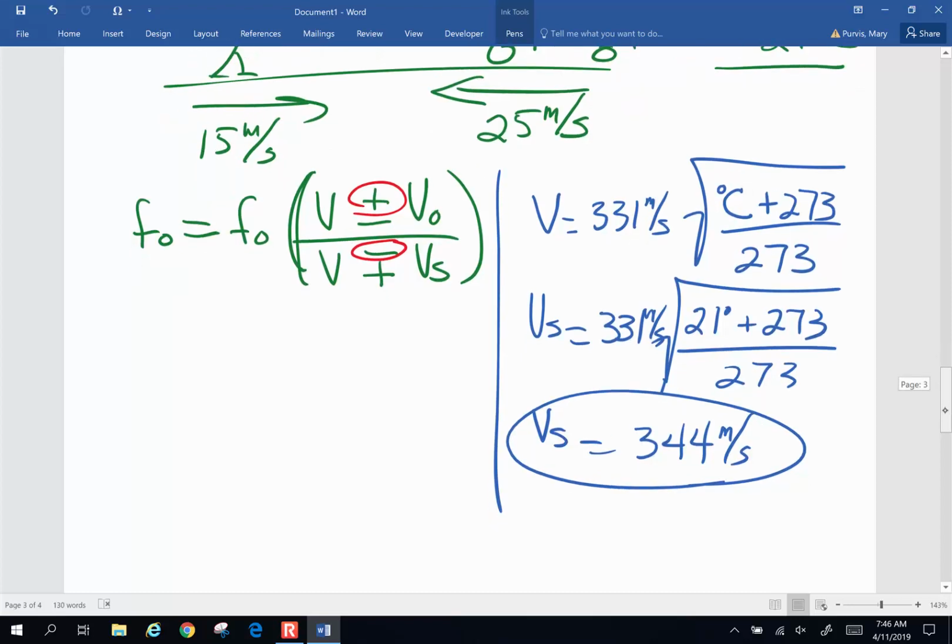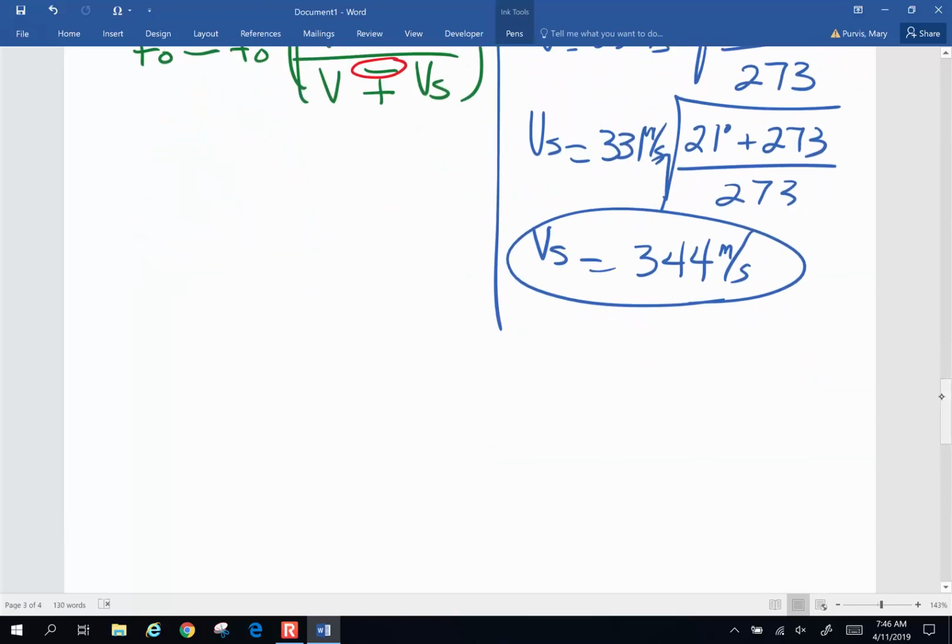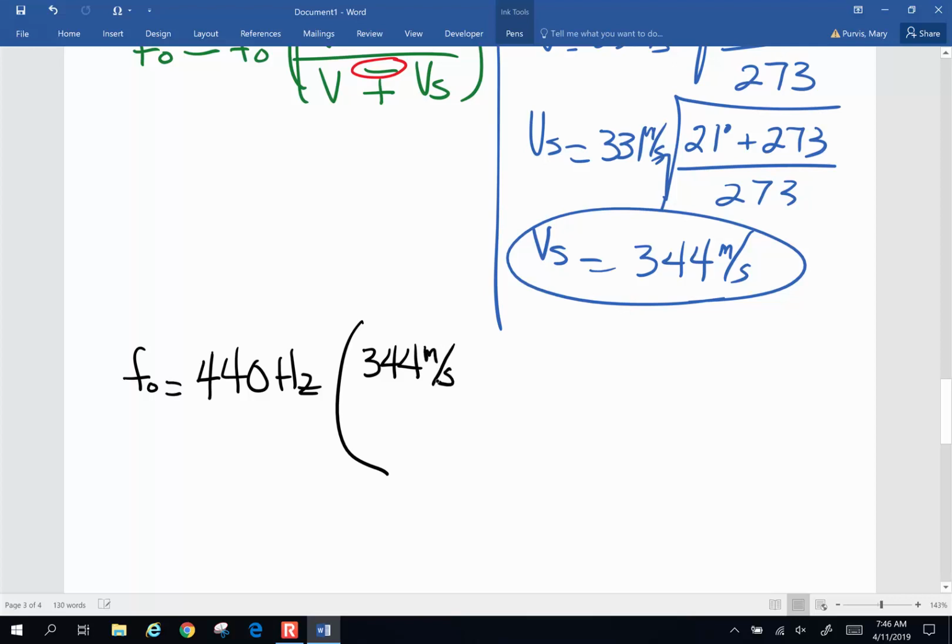I'm going to spool down a bit so I have some room. And here goes. I'm going to change pen color so we know what we're up to. The frequency observed is going to be the frequency of the source. Well, she's singing a note of 440 hertz. The velocity of sound on that day is 344 meters per second. This is a towards situation, so this is going to be a plus. Velocity of the observer, you're moving towards her at 25 meters per second, divided by the velocity of sound on that day, 344 meters per second.